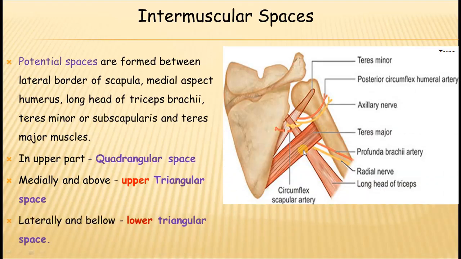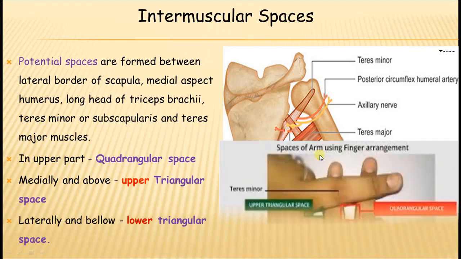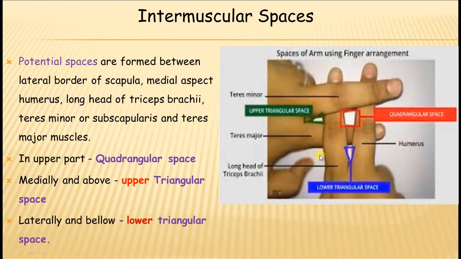Okay. So these spaces, what do they do? They transmit structures, all these spaces: quadrangular, upper triangular, and lower triangular space. So very simple. You can make this shape with your fingers, and you can learn or recollect the upper and lower triangular spaces with the index finger and the middle finger of both hands.